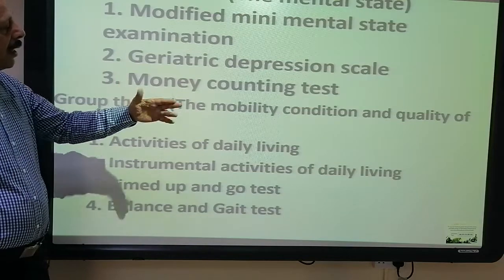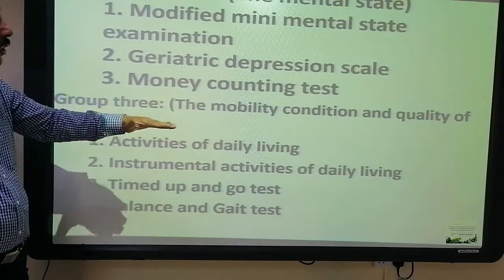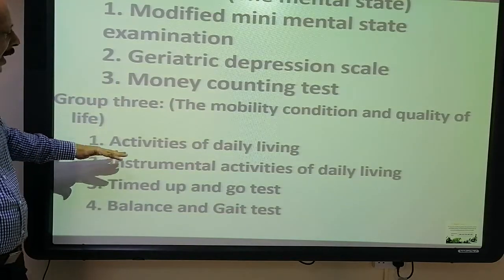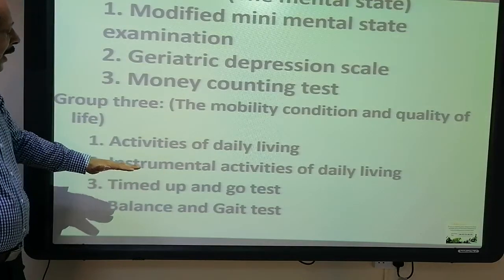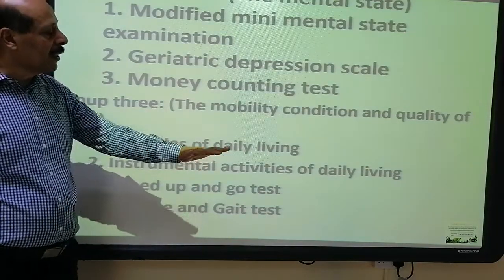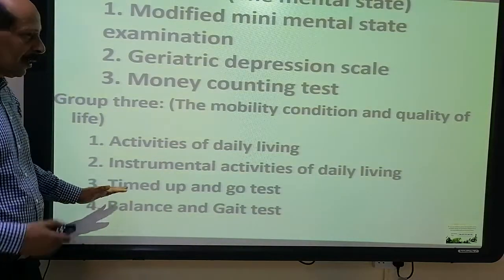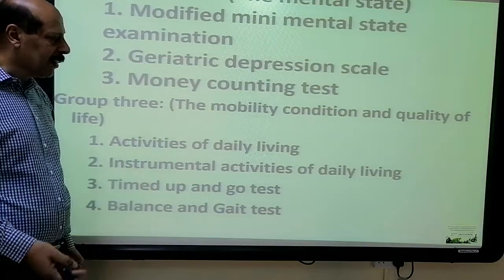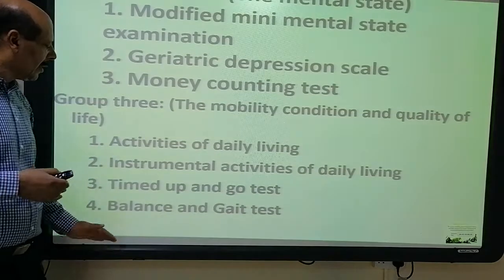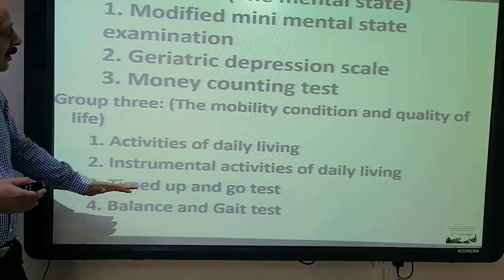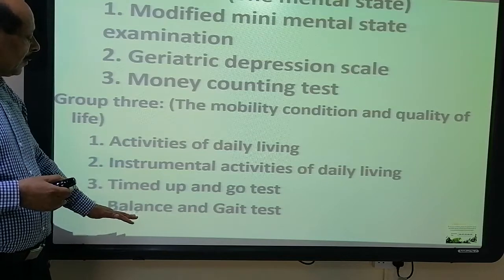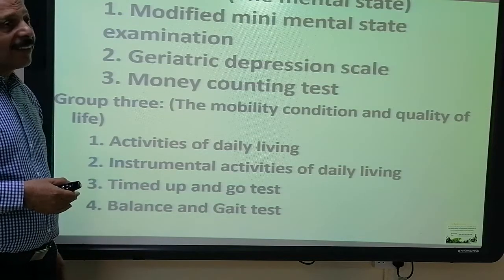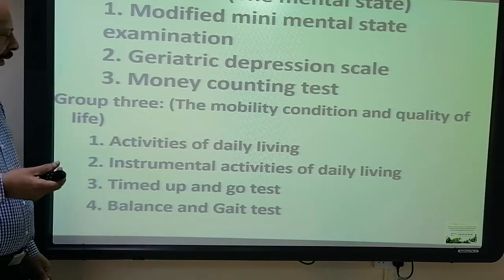Group 3, the mobility condition and quality of life: activities of daily living, how they are performing them. Instrumental activities of daily living also, what kind of instrument they need to help them do their daily living. Timed up and go test, also balance and gait tests.